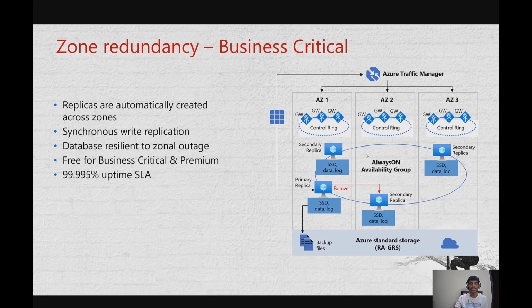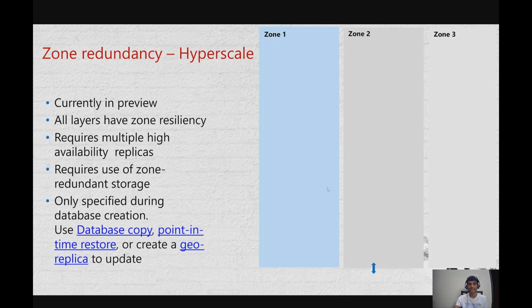If there is a failover, then we'll move the primary replica from one of the zones to a secondary replica in a different zone, and the failover is also very fast because we always make sure that data is synchronized between these replicas.